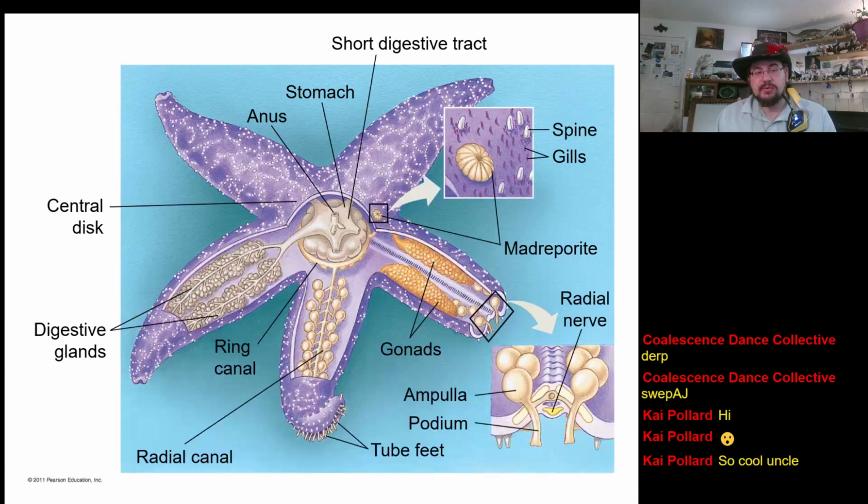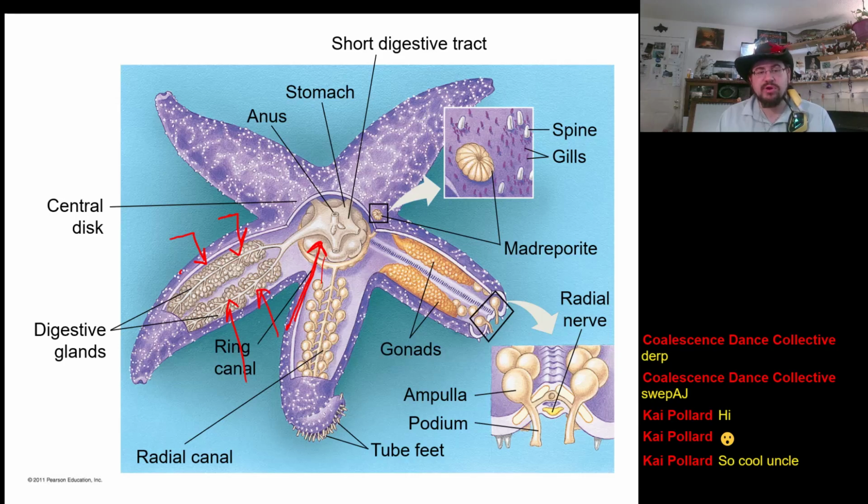I love it, man. So here is a standard sea star, with a little bit of a cutaway for the anatomy. We can see there's this big central mass here. This is where the stomach is. Glands that secrete digestive fluid into the stomach are located in the arms.